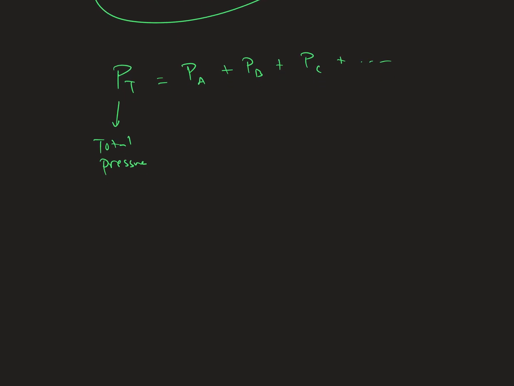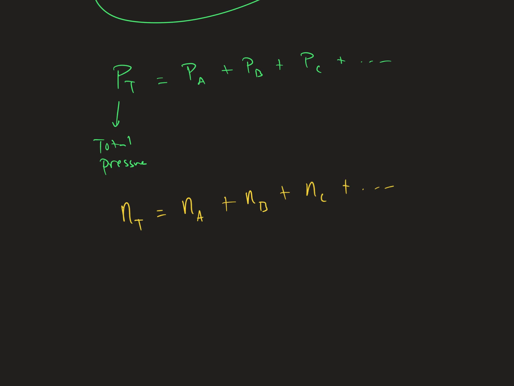So if we have the pressure of this room, for example, we have a certain number of moles too, don't we? Can we say we have a total number of moles? What's that going to equal? Yeah, the number of moles of substance A plus the number of moles of substance B plus the number of moles of substance C plus so on. Pretty straightforward?